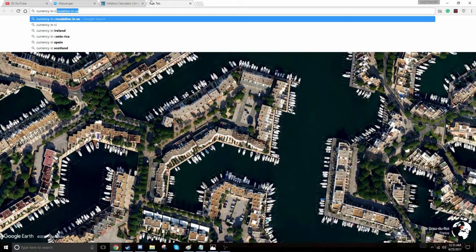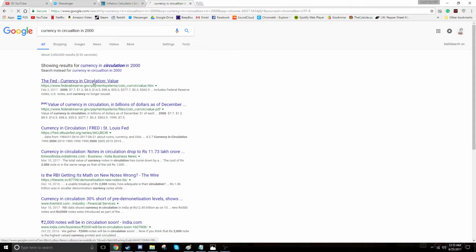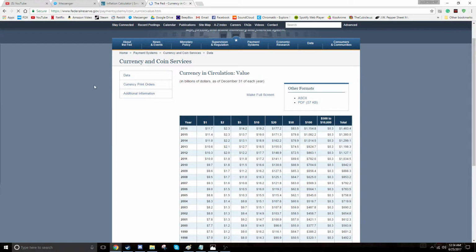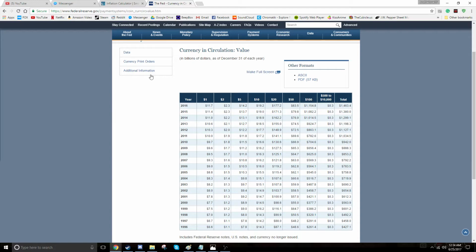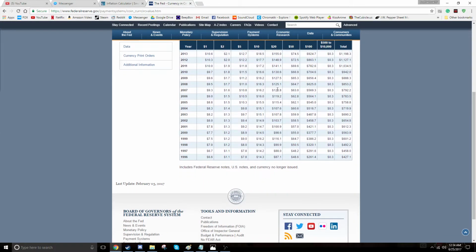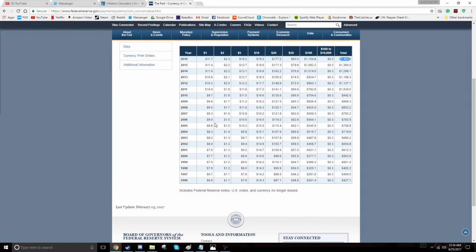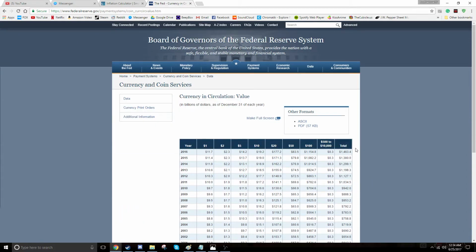Currency in circulation in 2000. Okay, so $1.4 billion in 2016. Okay, we use that as a baseline. In 2000, let's do 2 decades. $427 billion.